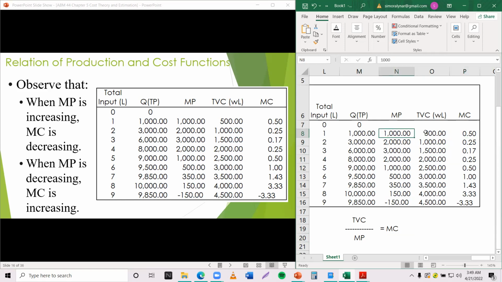Here is marginal product, MP. When MP is increasing, MC is decreasing, and so on and so forth. As you can see, our marginal cost also decreases at some point. Then when MP is decreasing, MC is increasing. The more MP decreases, the higher the marginal cost.